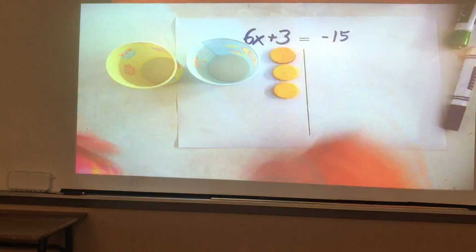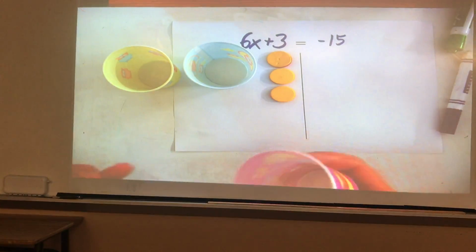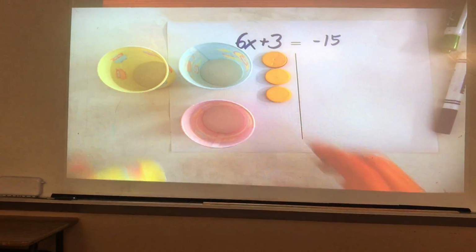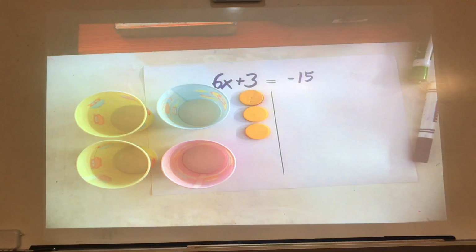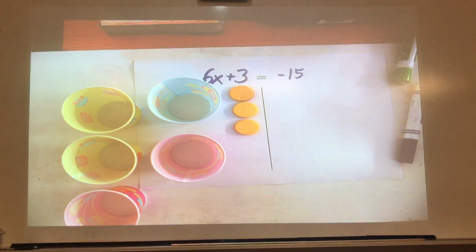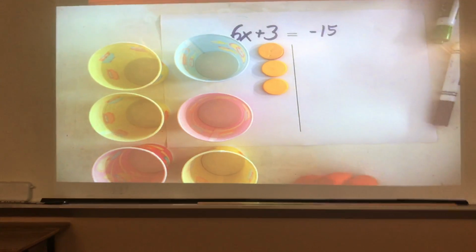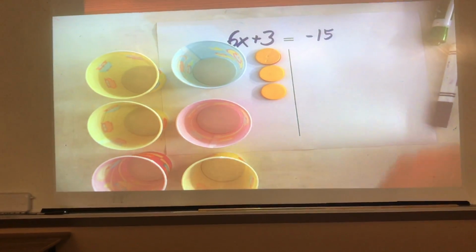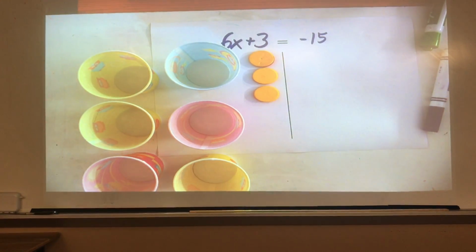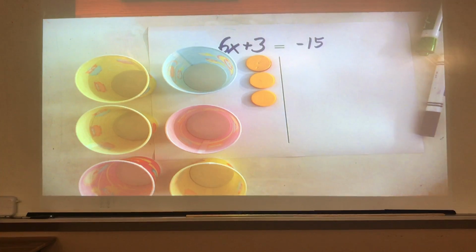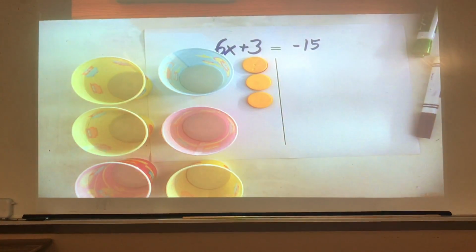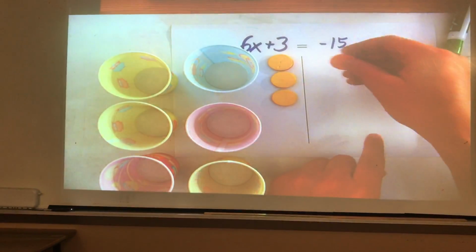If it was a negative coefficient, we'd tilt them upside down. Okay? And Luke, can you tell me the last thing we're going to do? All right. 15 red ones.